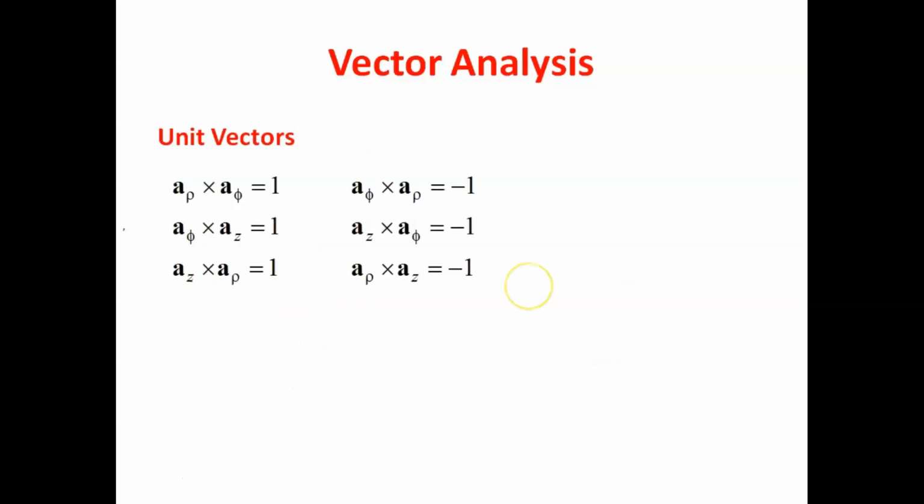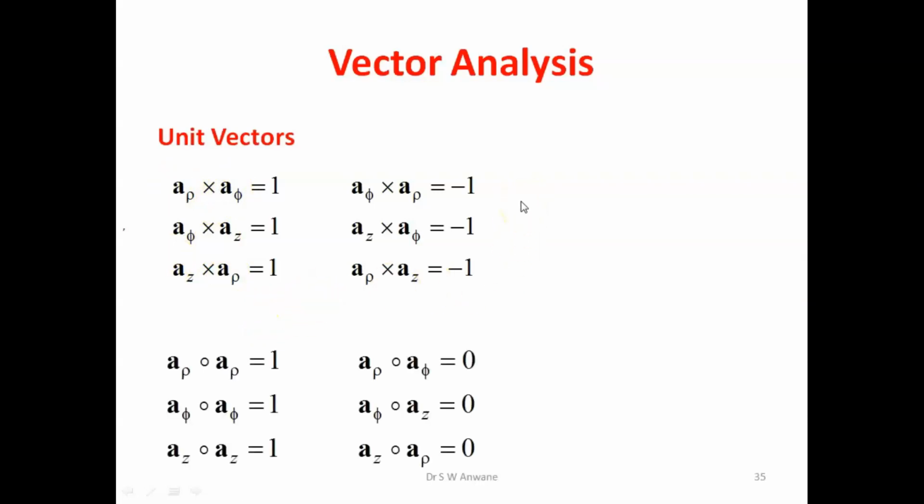Now, depending upon their angles, we can have relationship between their unit vectors. The cyclic cross product a rho a phi is 1, a phi a z is 1, and a z a rho is 1. If the order is reversed in the cross product, the result will be -1.